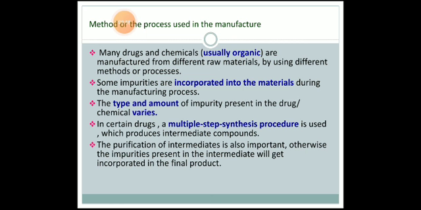For certain drugs, a multiple-step synthesis procedure is used, which may produce intermediate compounds. Purification of the intermediate is important, otherwise impurities present in the intermediate will be incorporated in the final product.